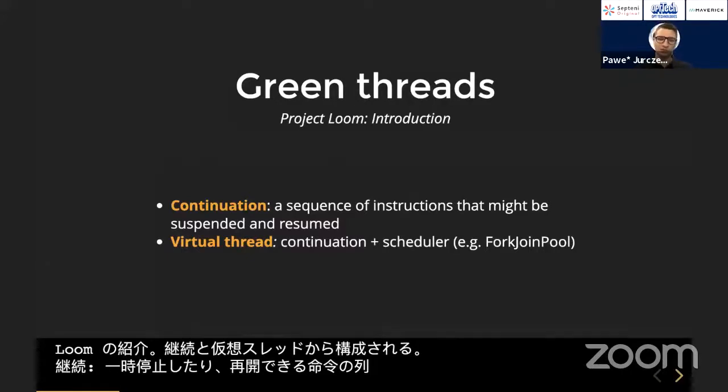A virtual thread, on the other hand, is also a continuation, which might consist of other continuations as well, and all of that will be scheduled in the runtime of the JVM application by some thread pool. In the current proposal of Project Loom, this will be a ForkJoinPool.